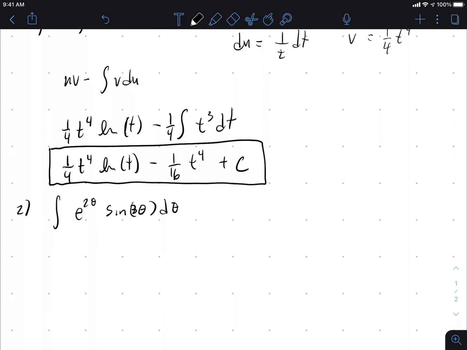If we do a u sub here, what would be eliminated? Don't we see this as a product here? Since it's a product, I think it should again be integration by parts. Okay, since it's integration by parts, what would my u be?